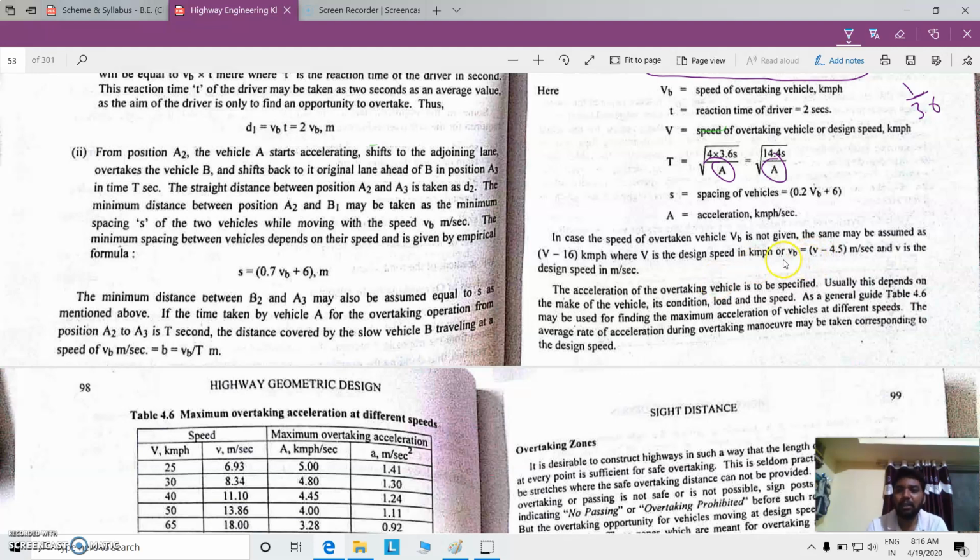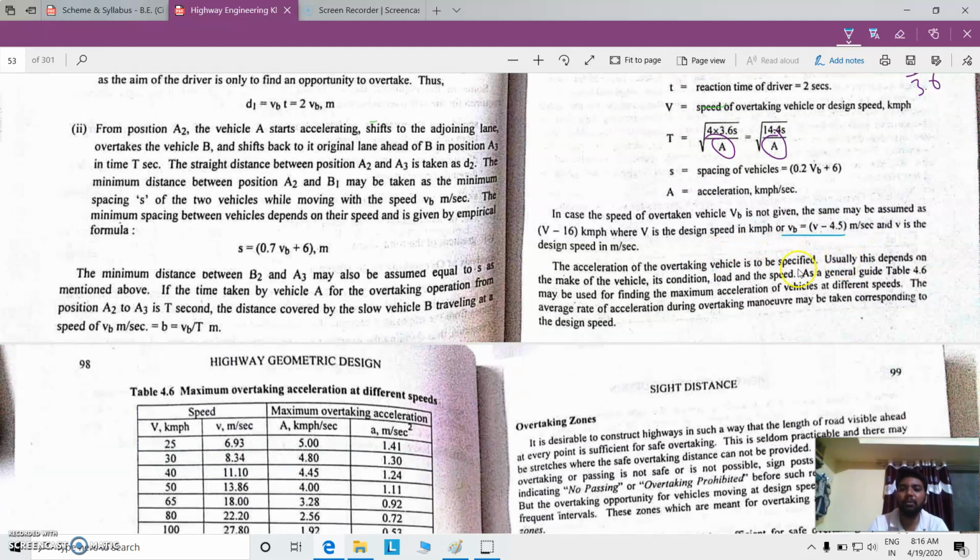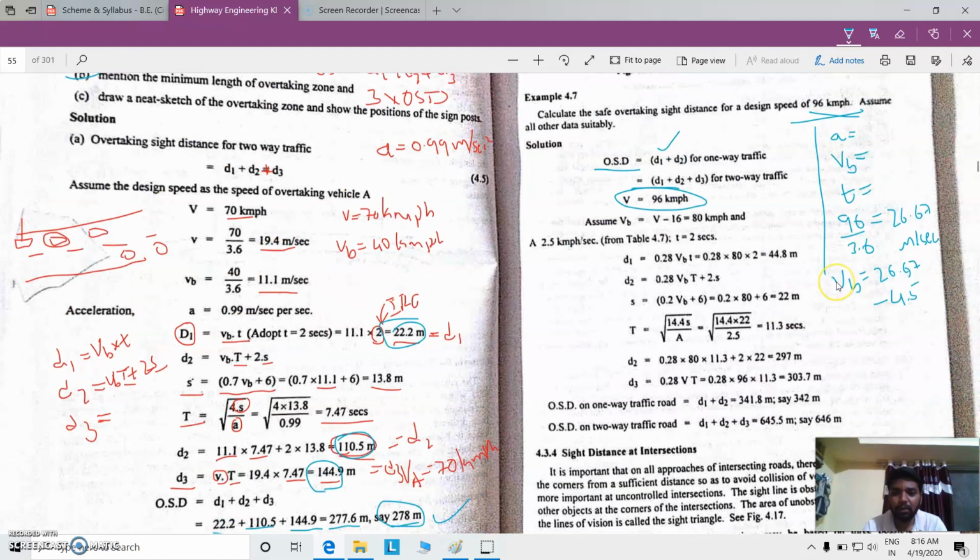It is given here VB equals V minus 4.5. That means the speed of the overtaken vehicle is 22.16 meter per second.